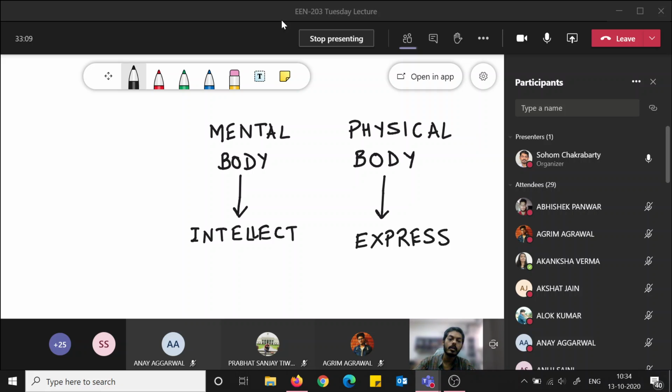So your mental body is constantly observing this world. The observation of this world is happening through the five senses that you have. Those five senses are in the physical body, that is true, but even if your physical body is unable to express itself, your sense organs are always receiving whatever needs to be received.